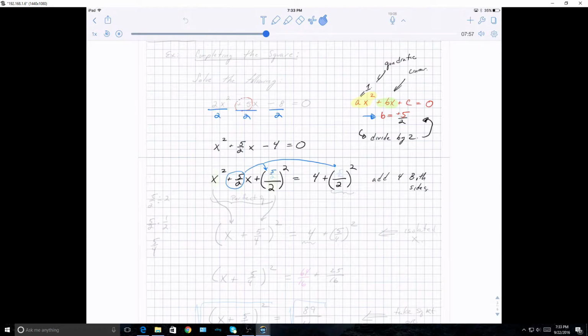That'll be 5 halves divided by 2 squared, and then 5 halves divided by 2 squared. So we're really taking a quarter of 5, right? But what this does is it makes it really easy for us to get the perfect square. Because now, as you can see, we have a perfect square.